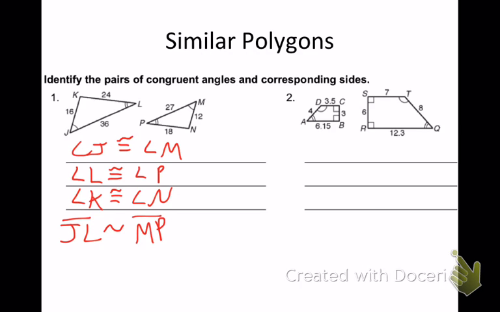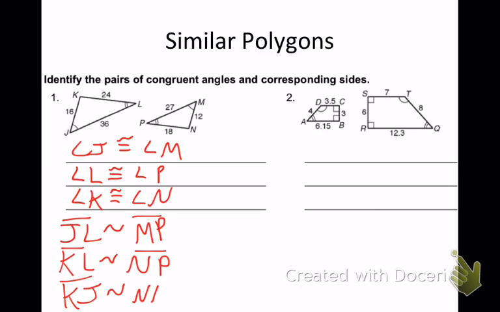Nice job. What about KL? What would KL be similar to? NP, or PN. I like doing the same letters in order. So KL is similar to NP. And last one, what about KJ? What would KJ be similar to?